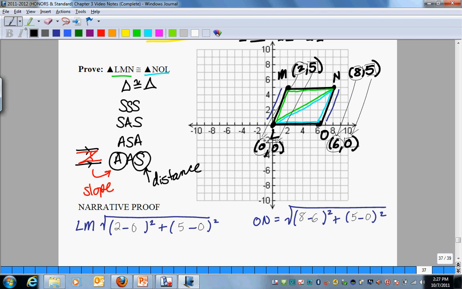Now you go ahead and work on the math. And we find that they both have the length of root 29.